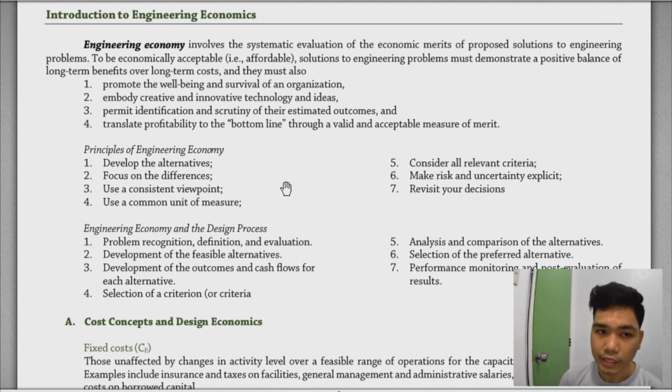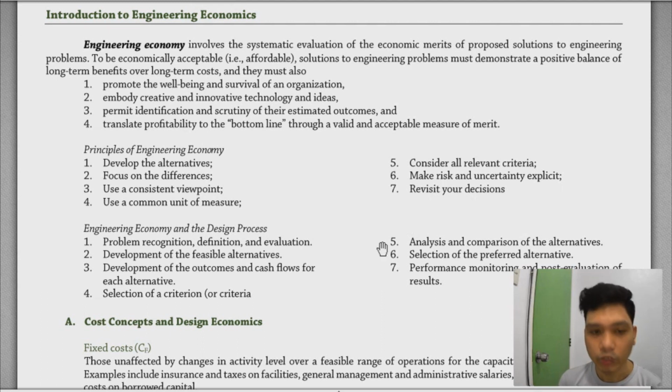Now, these concepts should always include the principles of engineering economy. And there are seven of them, so you can read about it from this screen, the development of the alternatives, and up to this revisiting of your decisions.